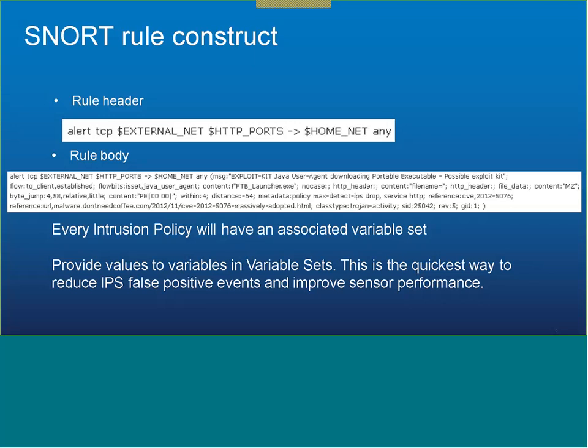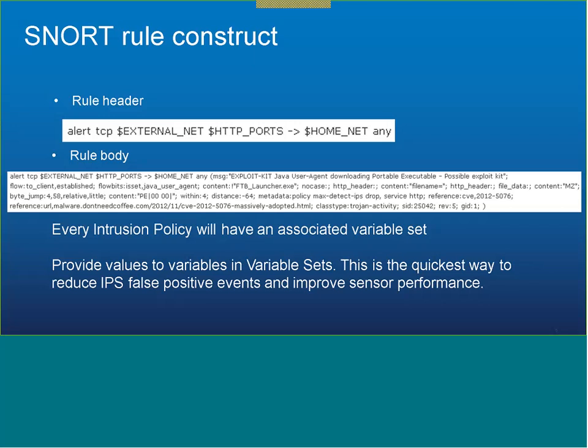External net would be anything that's not internal to your network, and your home net really is the network or the segments that are behind your firewall. So if your firewall is sitting on the internet edge, or if your IPS is sitting on your internet edge, you can use RFC 1918 as your home net, and anything that's not RFC 1918 as your external net.